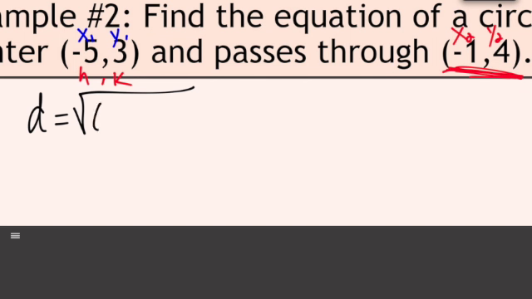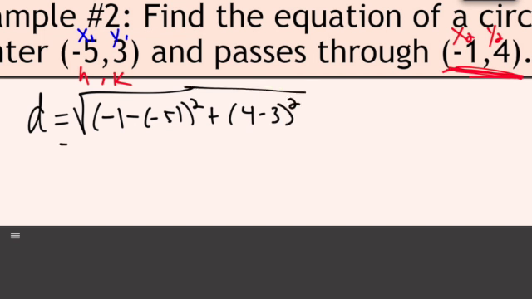x2 minus my x1 squared plus y2 minus my y1 squared. All right, the two negatives are going to become positive.